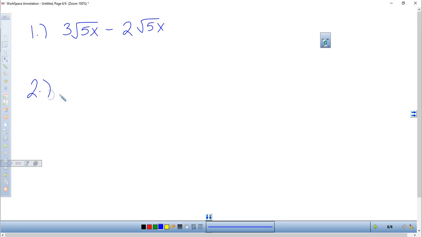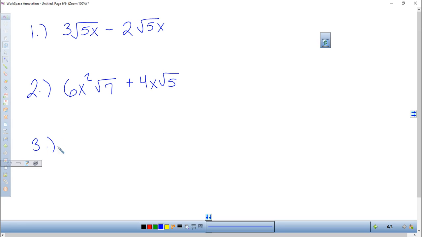Number 2, let's say we have 6x squared root 7 plus 4x root 5.